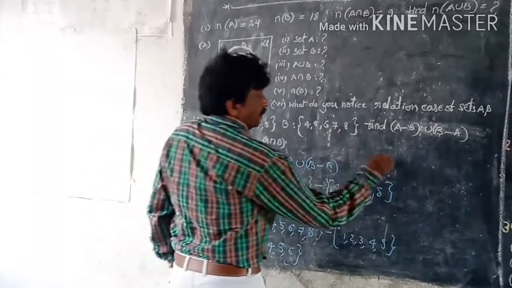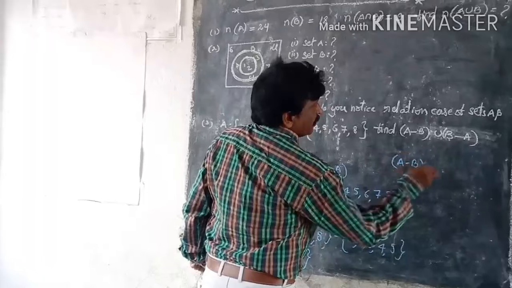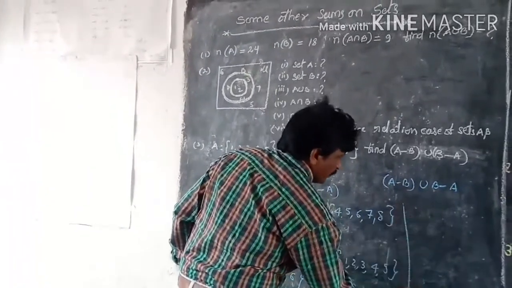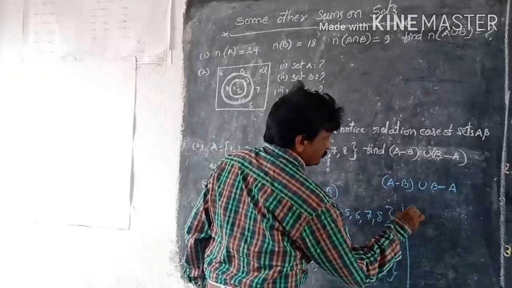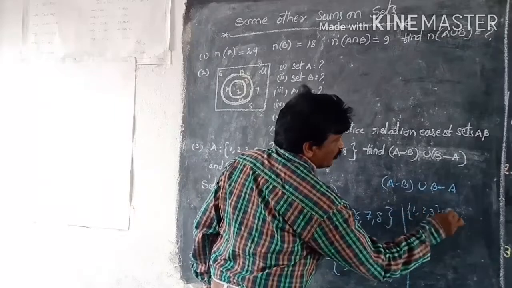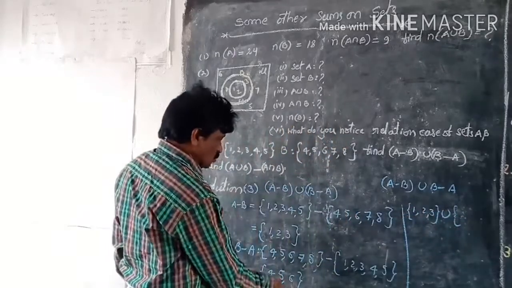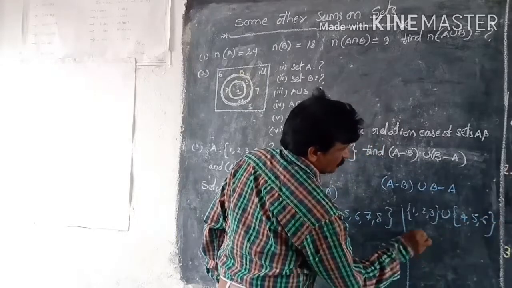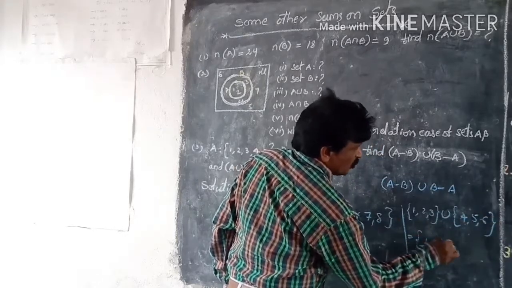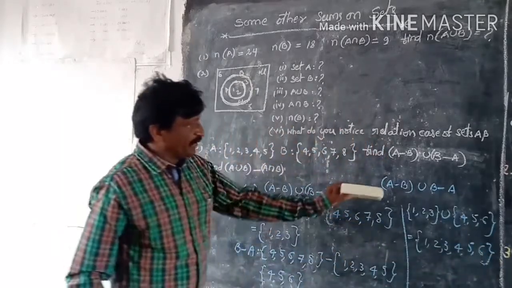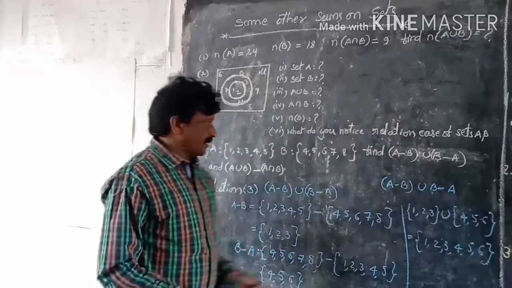So (A minus B) union (B minus A): A minus B is 1, 2, 3, union B minus A is 6, 7, 8. So 1, 2, 3, 6, 7, 8.